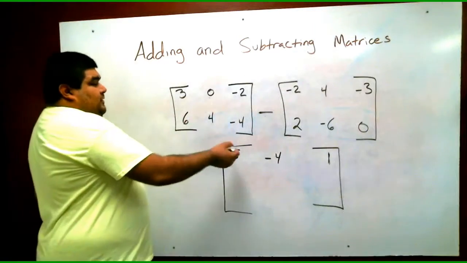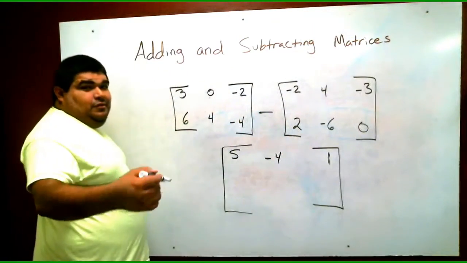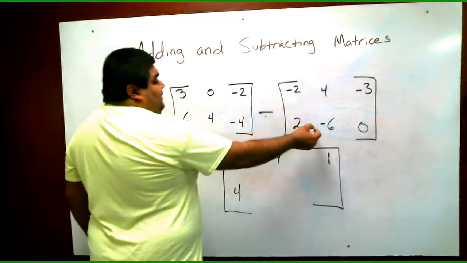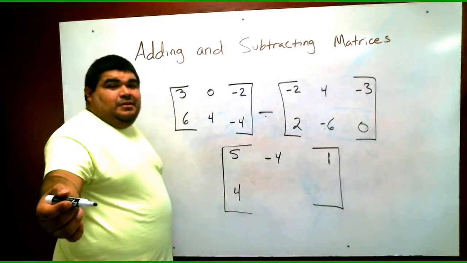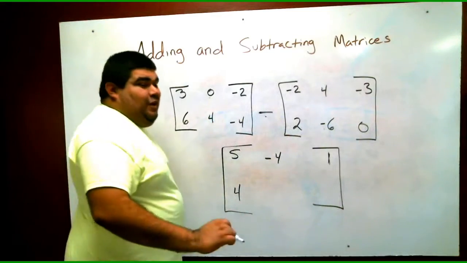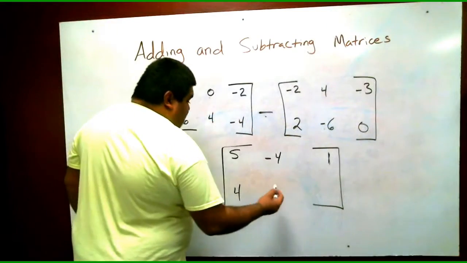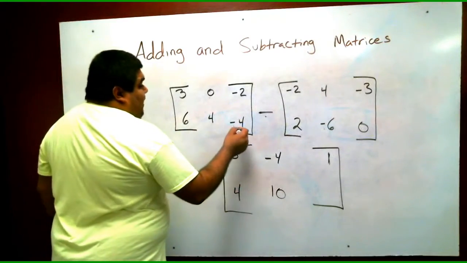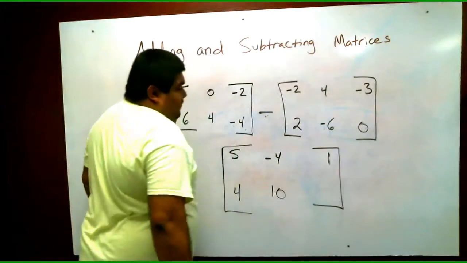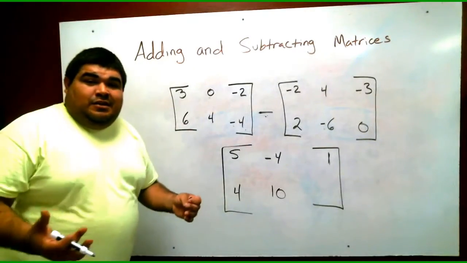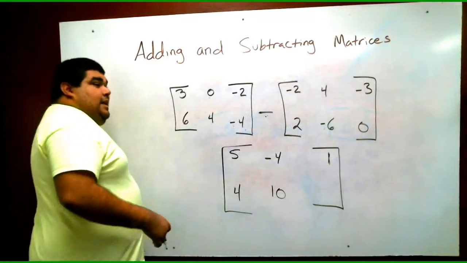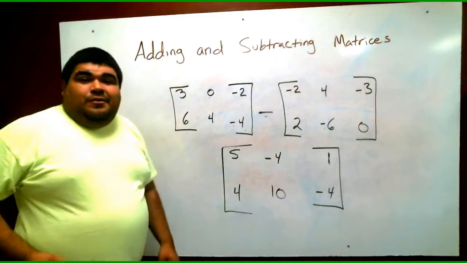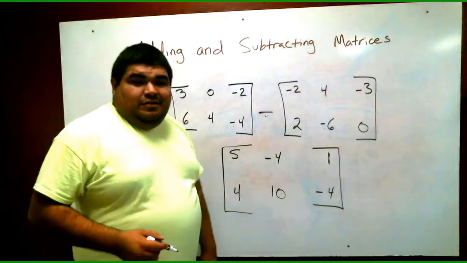We have 6 minus 2, which is 4. Then we have 4 minus negative 6, which again becomes positive, right? Good. So we have 4 plus 6, which is 10. And then finally, we have negative 4 minus 0. Since 0 is not really any number taken off, we keep the negative 4. And that is how we solve for a subtraction matrix.